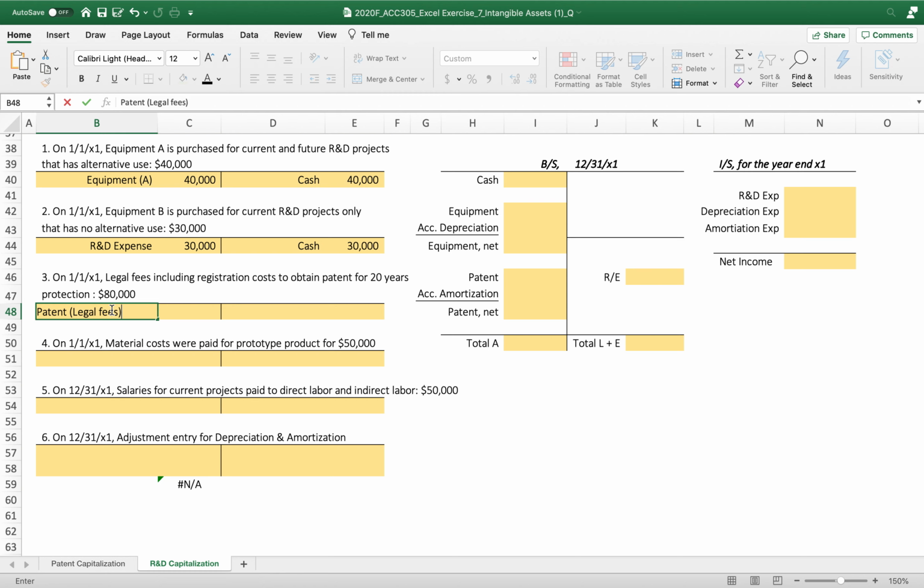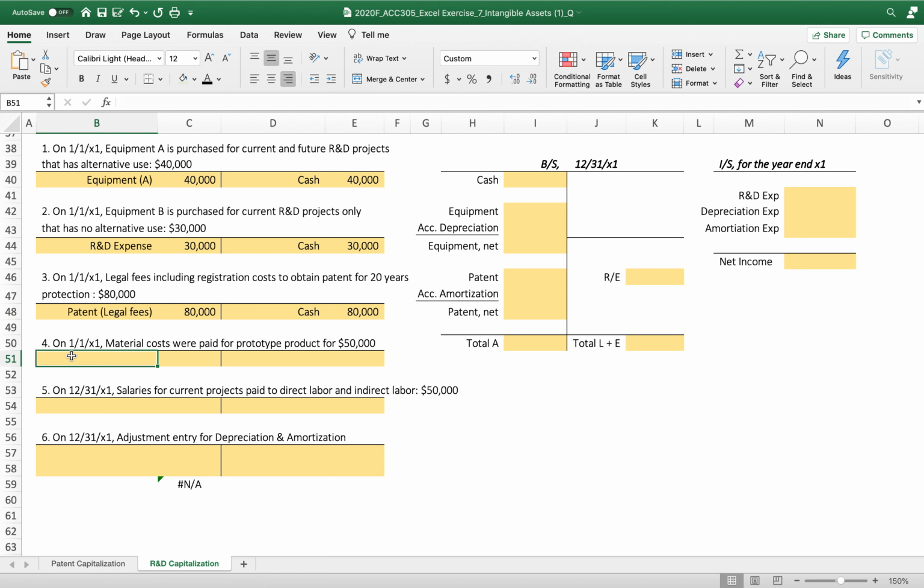Again, when we measure the acquisition cost of PP&E or an intangible asset, we include all the costs before using, or from now on we are using, including this legal fees. That is also part of the acquisition cost. So patent, the legal cost is $80,000. Then cash, $80,000.